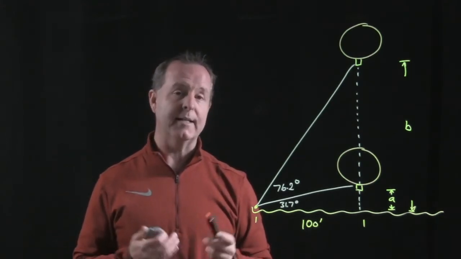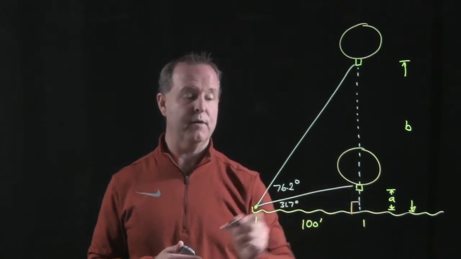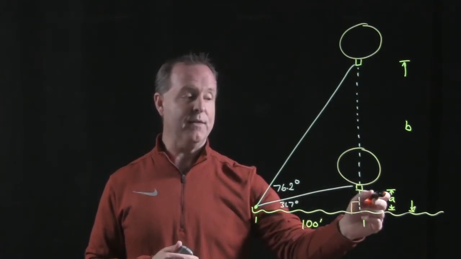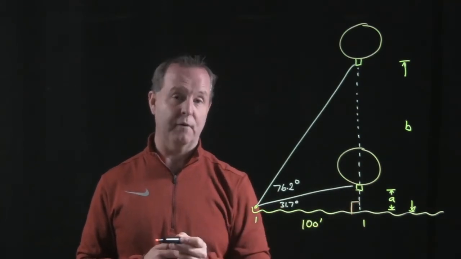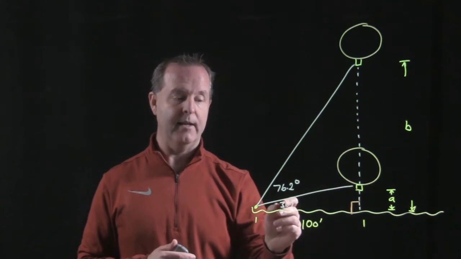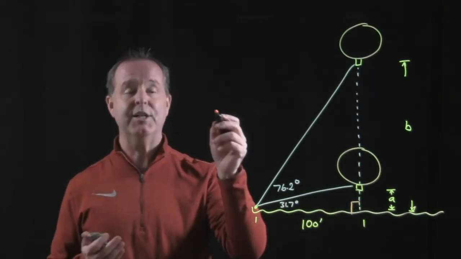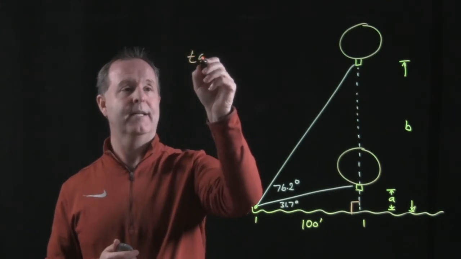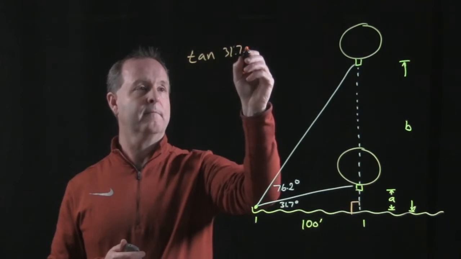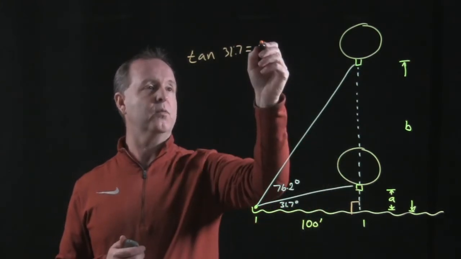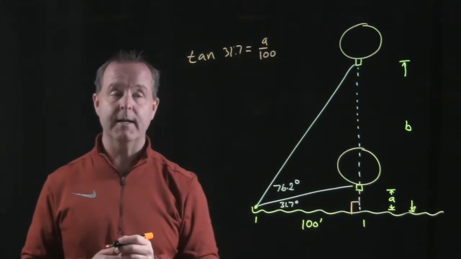So what we can do is identify two right triangles. The first one is this smaller triangle here at the first viewing angle. I have a height which I'm not aware of. He was able to mark off 100 feet from the launch of the balloon, and he was able to measure 31.7 degrees. So that tells us that we have a tangent function there. So the tangent of 31.7 equals opposite over adjacent, which is a over 100.